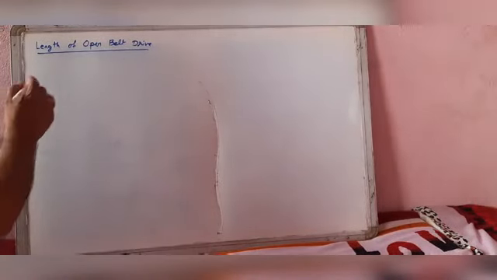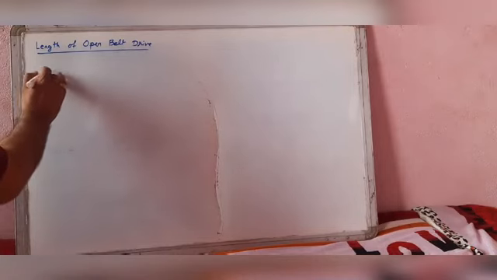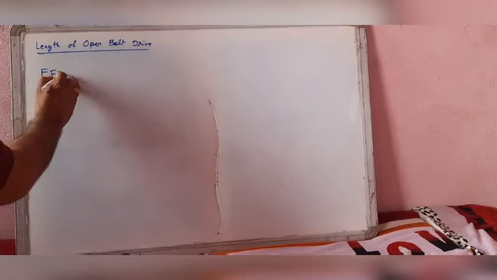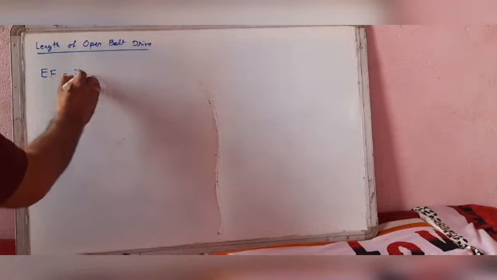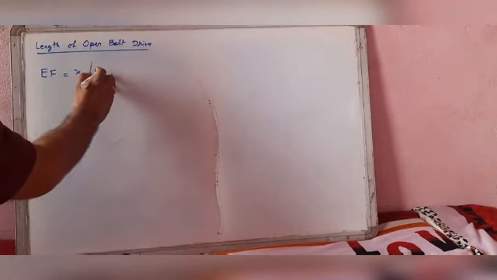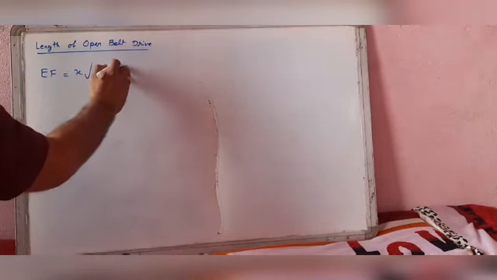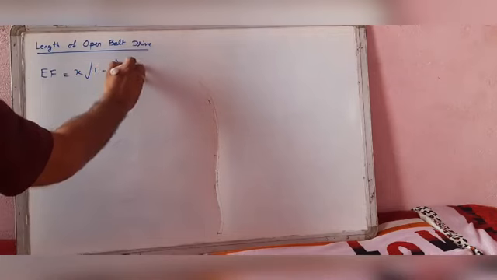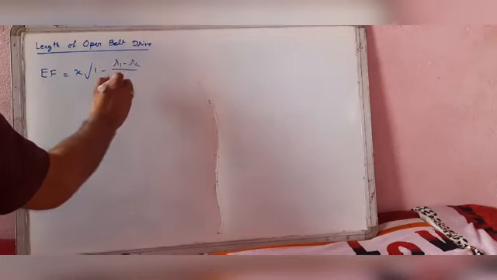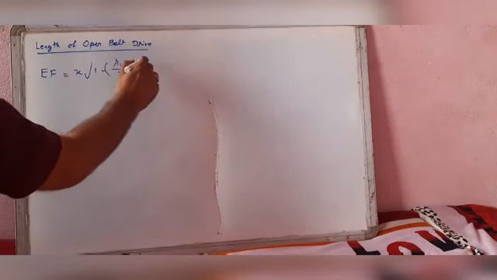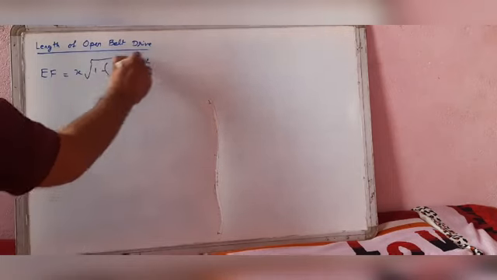Here the value of EF comes equal to X times the square root of 1 minus (R1 minus R2 by X) whole squared.